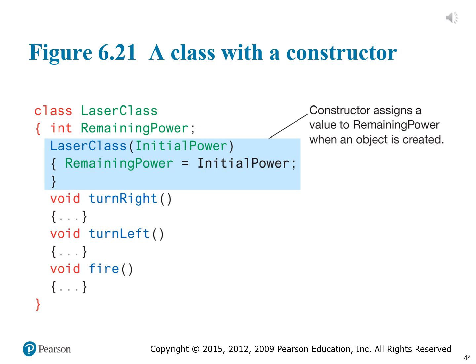For example, we might want different lasers to have different initial power settings, which would mean that the instance variable named remaining power within the various objects should be given different starting values. Such initialization needs are handled by defining special methods called constructors within the appropriate class.